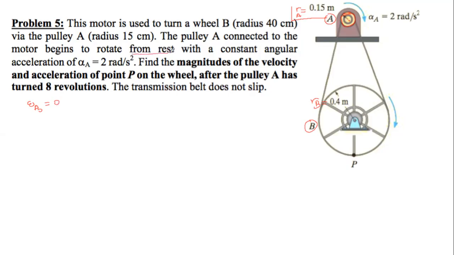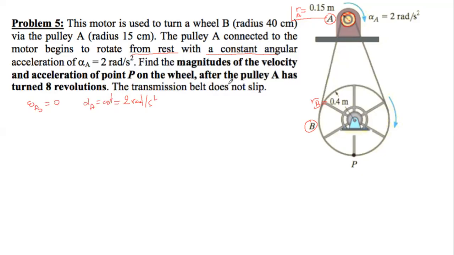So it starts rotating from rest, but with a constant angular acceleration alpha A, which is constant. So we have constant angular acceleration motion, 2 radians per second squared, and it's constant.